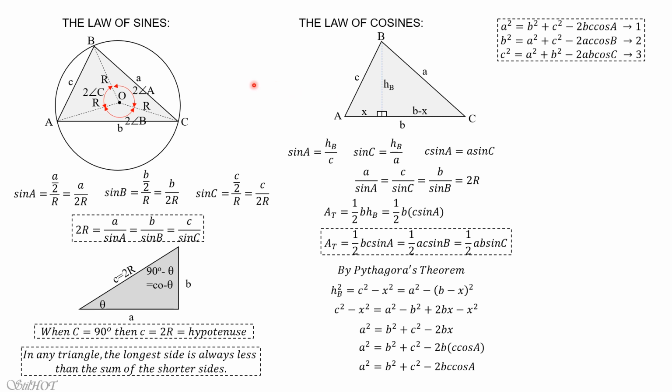So if the angle is obtuse and you use your calculator, if you shift solve or if you press inverse sine of 1/2, it will give you 30 degrees, not 150 degrees. So that's why you have to be very careful when you use the law of sines and you notice that there is an obtuse angle.